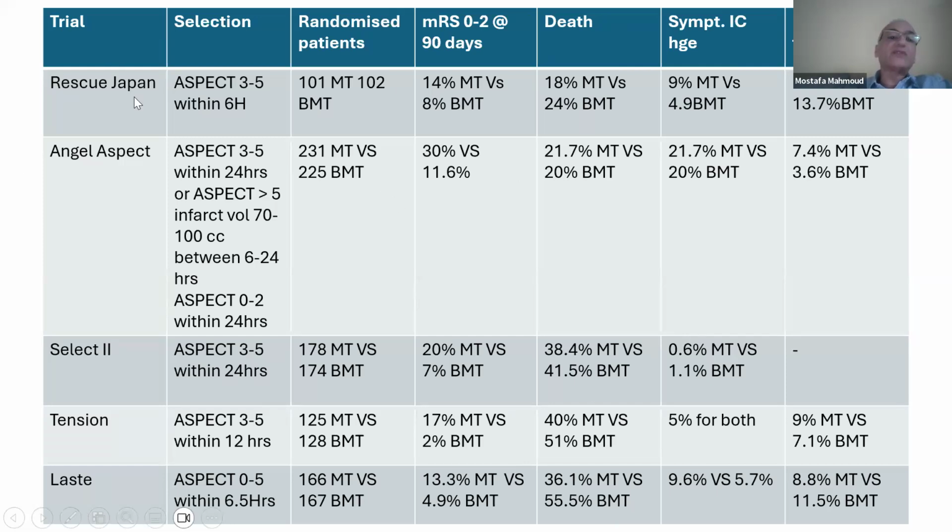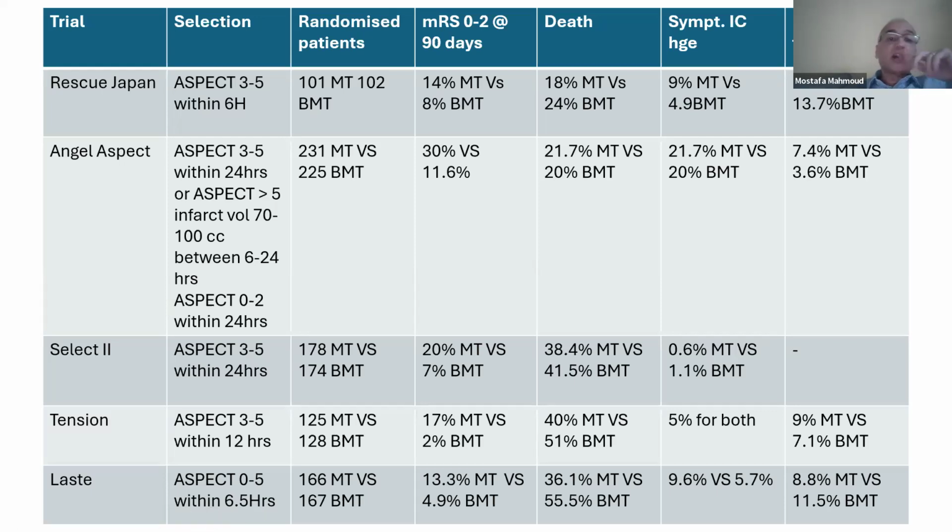As you can see, RESCUE-Japan, ASPECTS 3 to 5, ANGEL-ASPECT 3 to 5, SELECT2 3 to 5, TENSION 3 to 5, LASTE 0 to 5. So they did include 0, 1, and 2, which is a black hemisphere, within 6 hours, of course, within 6 hours.